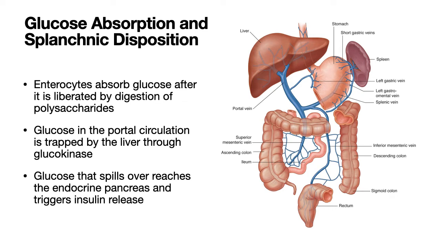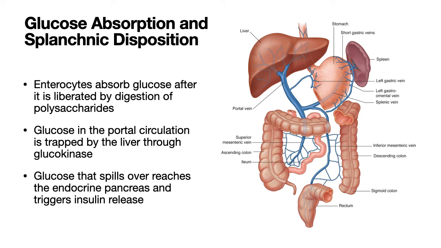Glucose that spills over will then reach the endocrine pancreas and trigger insulin release. The glucose in the small intestine will eventually find its way to the liver, and the cells in the liver will continuously remove glucose from the blood. So in this way, the liver functions as a gate. It functions as a filter for glucose.